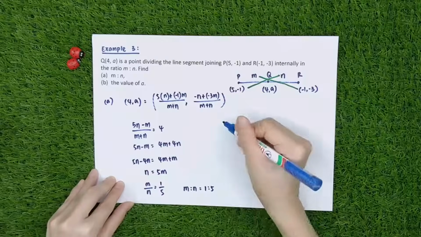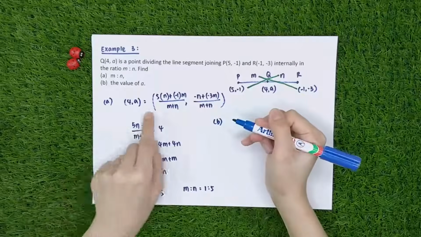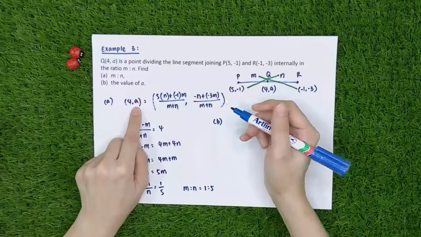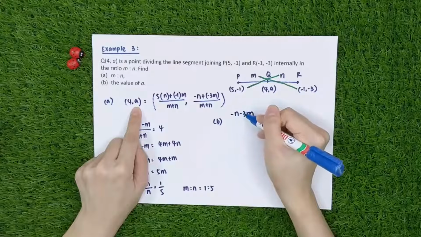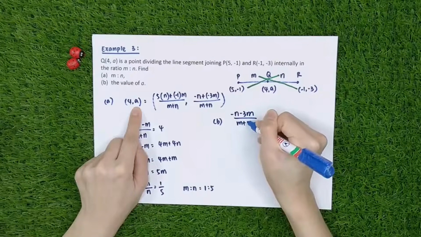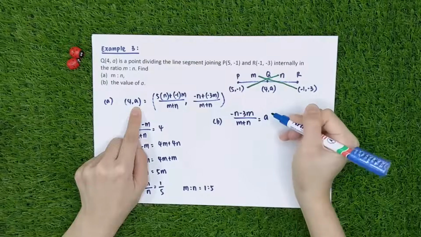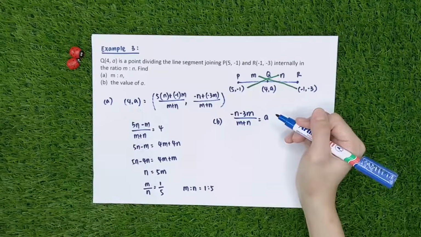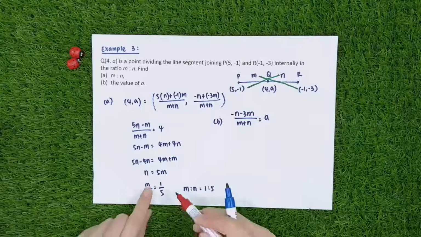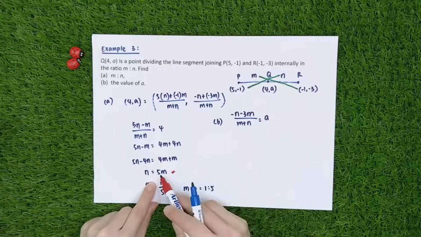Okay? So for part B, it wants us to find the value of a. Negative n minus 3m over m plus n is equal to a. From part A, we know that n is equal to 5m.